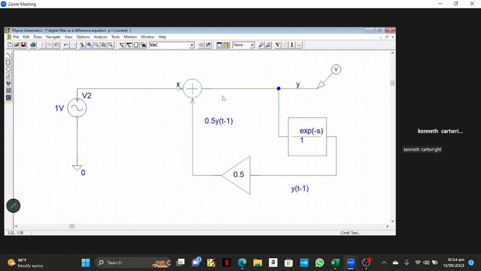So this circuit, this block diagram for a circuit, is implementing a difference equation. That's what it's doing. Except that it's not a difference equation in N, it's a differential equation in T.